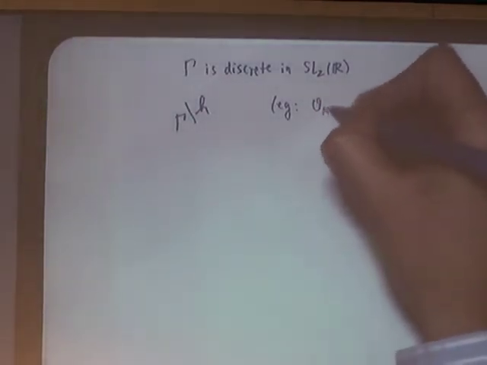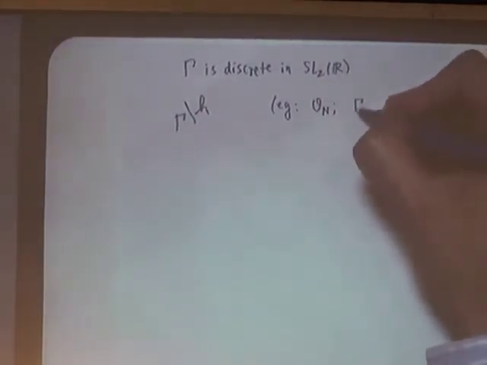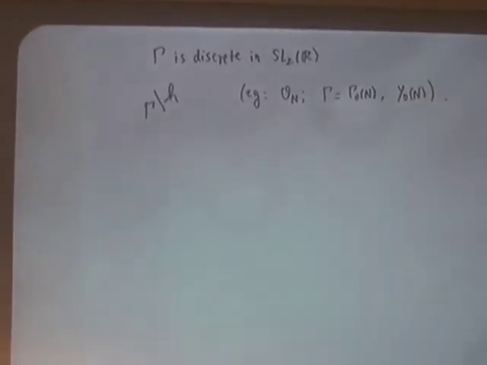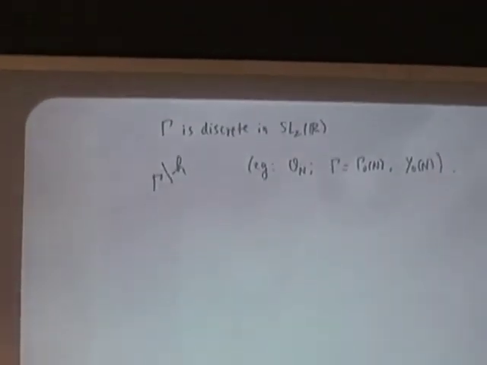the order was the order we saw here, right? Maybe I should have called that something else, but if you had that order, I'll call it O sub n, say. So for example, if you take O sub n, then gamma is just gamma naught of n. And then the curve that you're getting here is just the analog of Y naught of n, which you can complete by adding these extra cusps to make X naught of n.